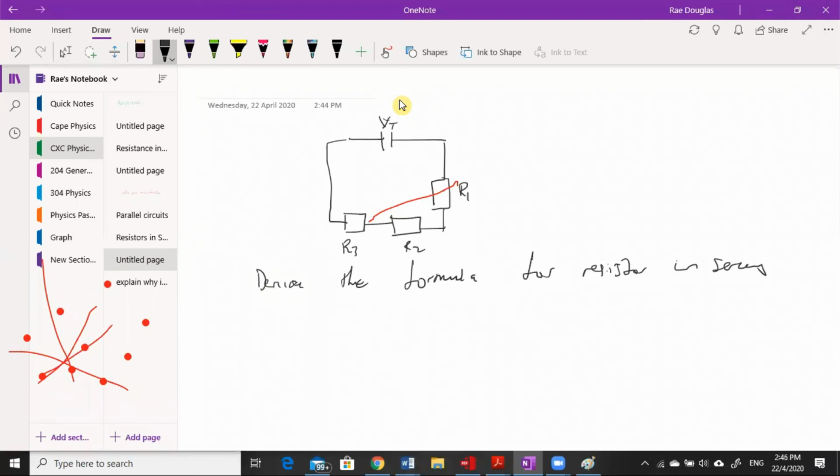So we get a question like this, and they say, all right, derive that. Now, where do you think we're going to start from? R1. But what are we going to do? That's the question.